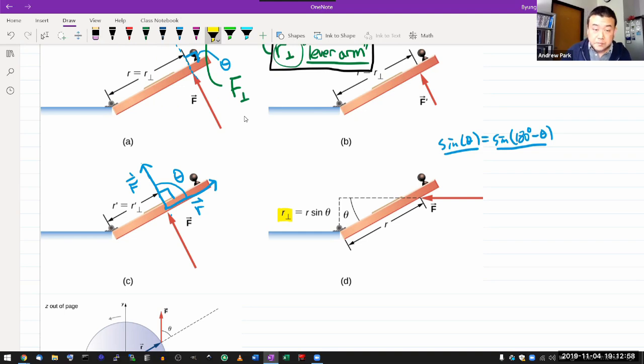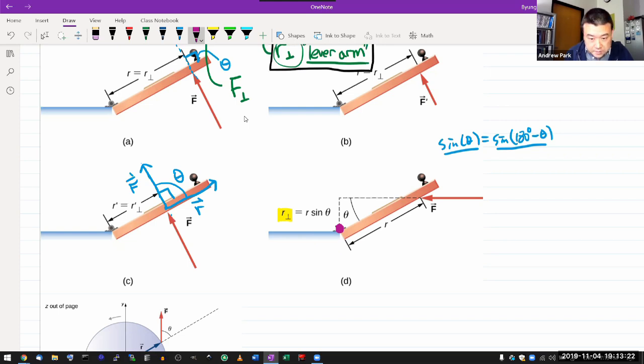So when we say perpendicular distance, this is distance between what and what? I would say it's the distance between your center of rotation, which will either be obvious, or you define it yourself. Here, the hinge is a natural choice for the center of rotation.